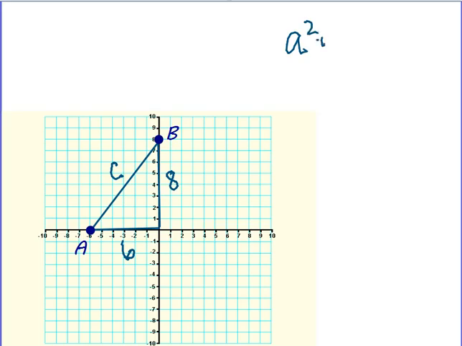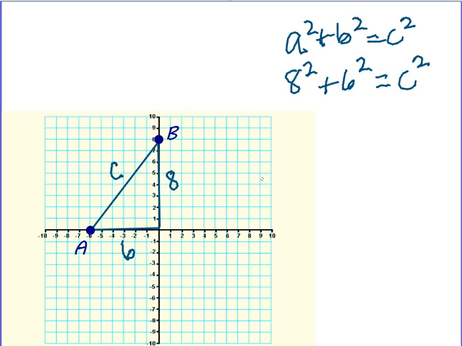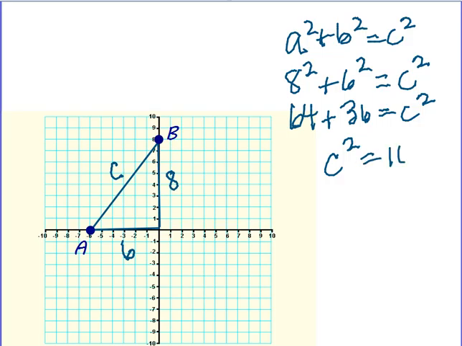So A squared plus B squared equals C squared is now going to be 8 squared plus 6 squared equals C squared. It doesn't matter what order you have the 8 and the 6 in. That's going to give us 64 plus 36 equals C squared, which means C squared is equal to 100.